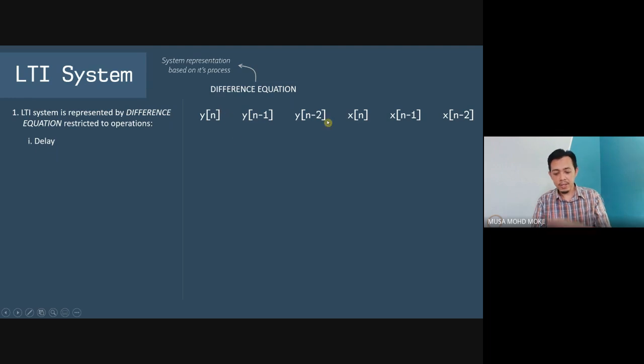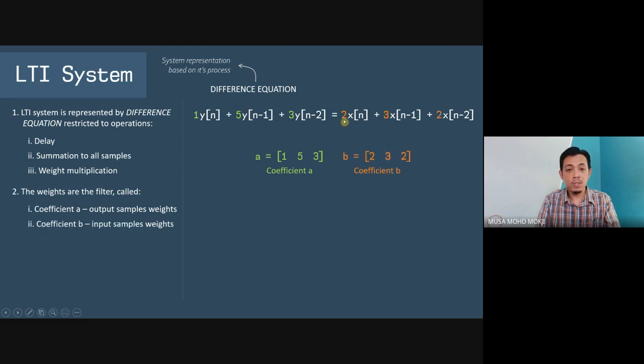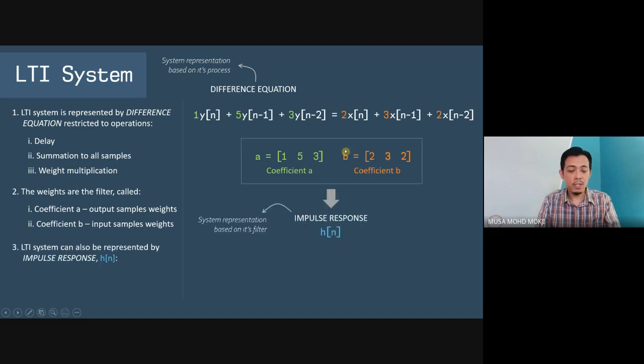So we have three operations: delay, summation, and weight multiplication. The weights are actually the filter coefficients, and there are two types. Whatever value is multiplied to the output sequence, we call coefficient A. Those multiplied to the input sequence, we call coefficient B. And we have seen that we have two types of impulse response.